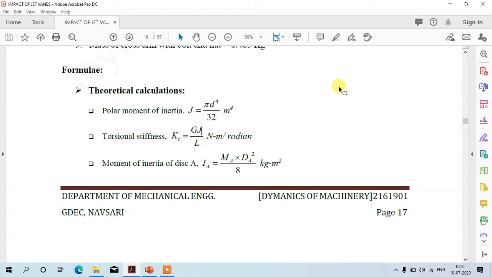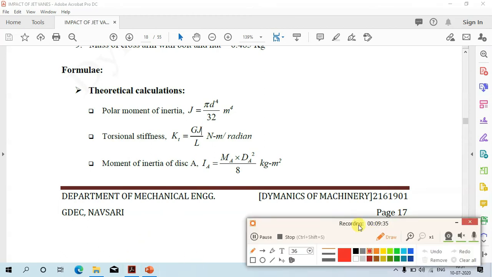We all know that T by theta is equal to GJ by L. Let me write here: T by theta is equal to GJ by L, and T by theta is known as torsional stiffness.